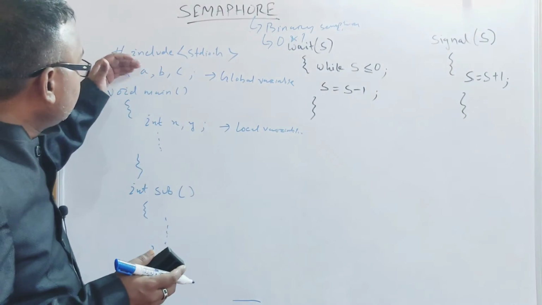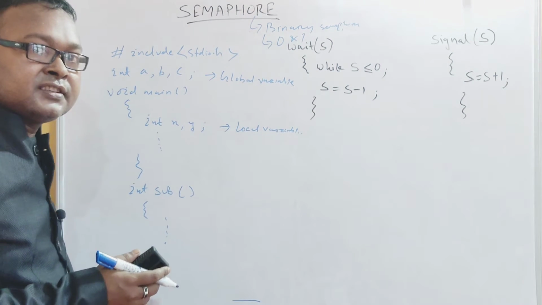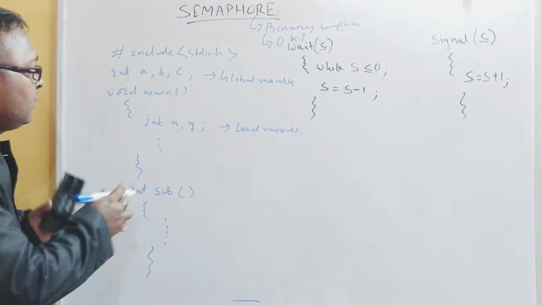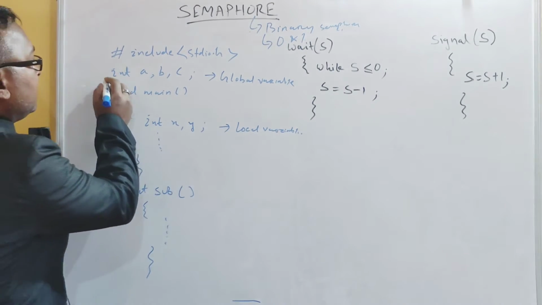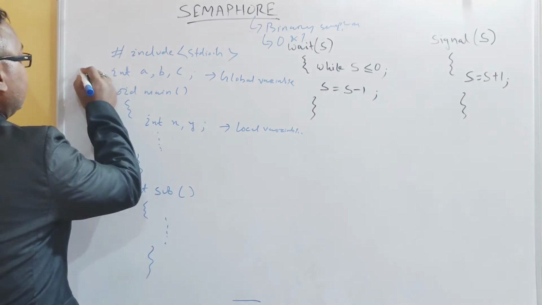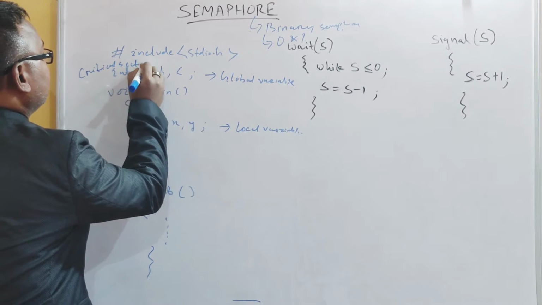Global variable means it is meant for all the processes, all the functions in your program. So this particular global variable, you call it a critical section.